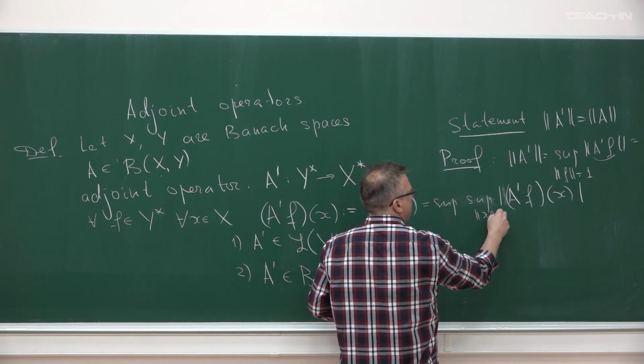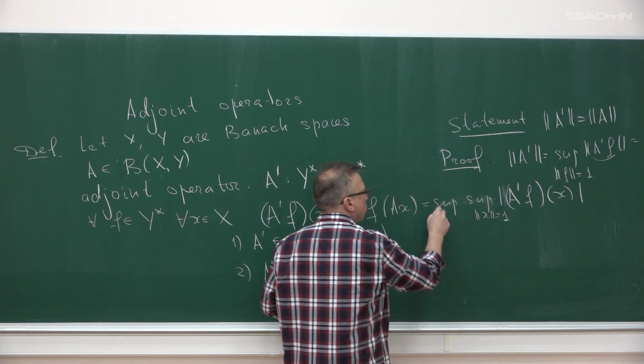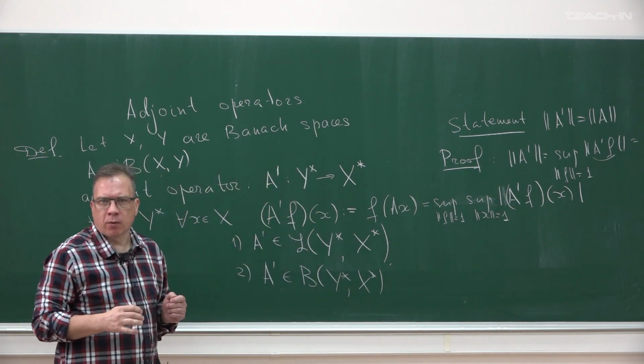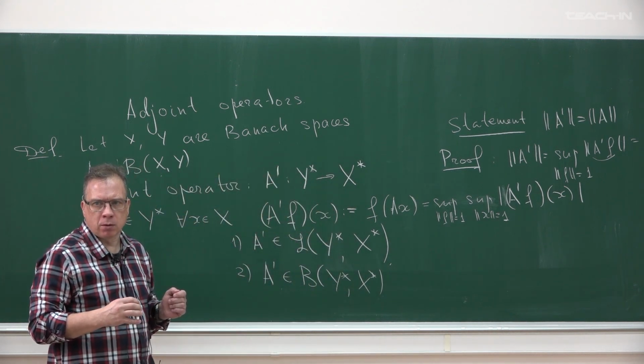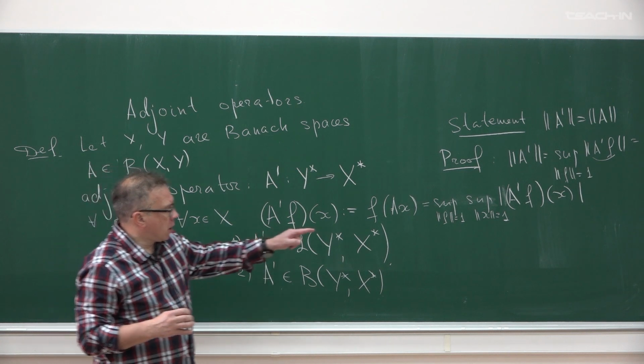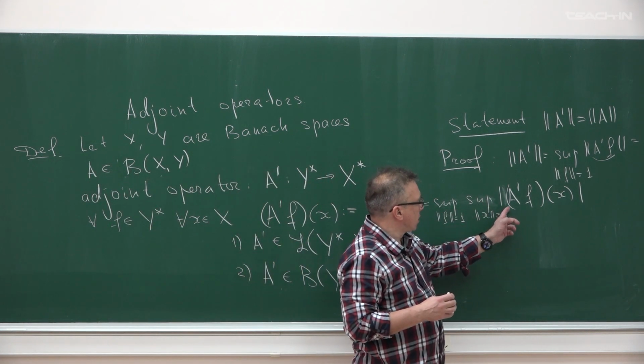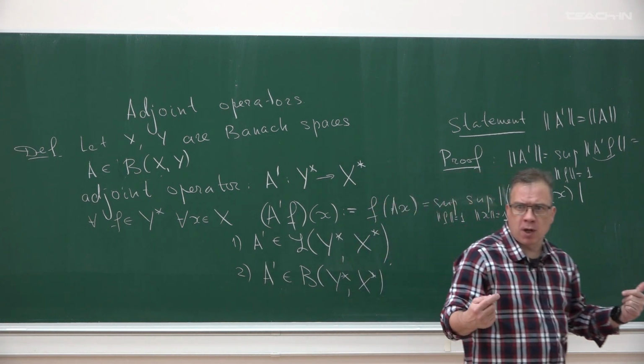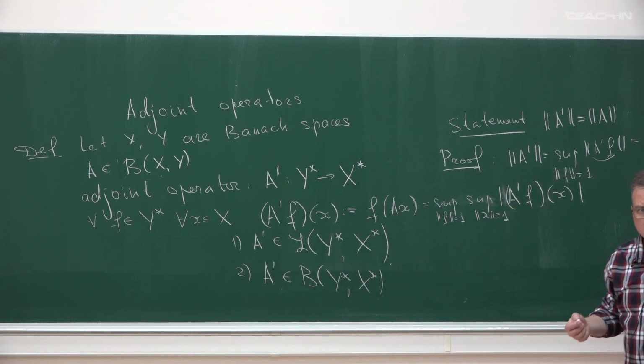Here the supremum over x with the unit norm, and the outside supremum over f with the unit norm too. And here I take away the norm because it is the action of the functional, it is a number, and we take only the modulus.